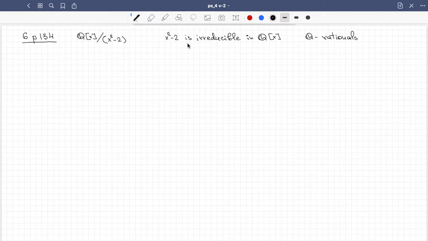Because the polynomial is irreducible, therefore Q of x over x squared minus 2 is a field, as we know by theorem 5.10.